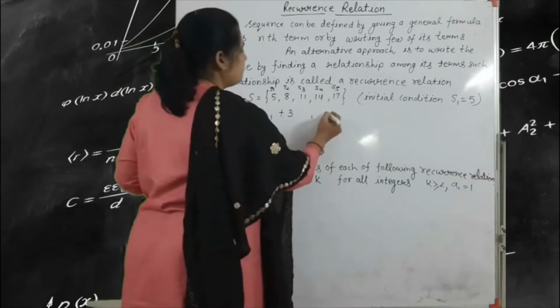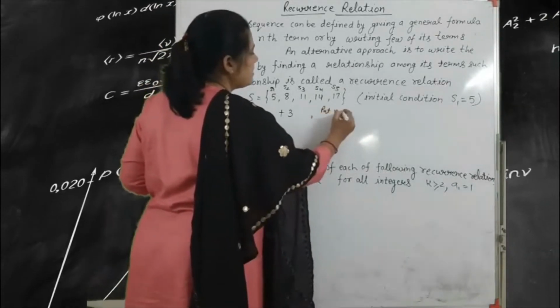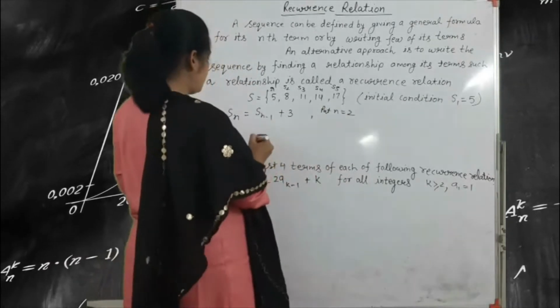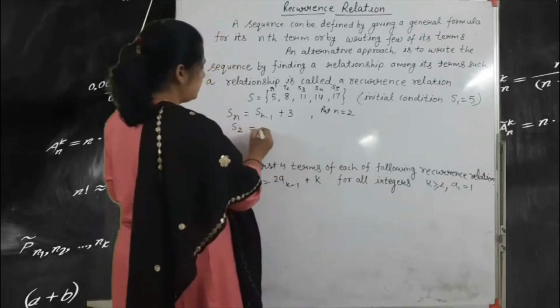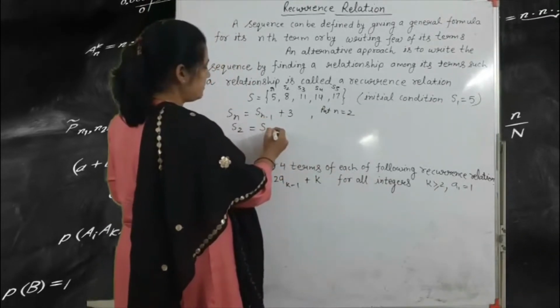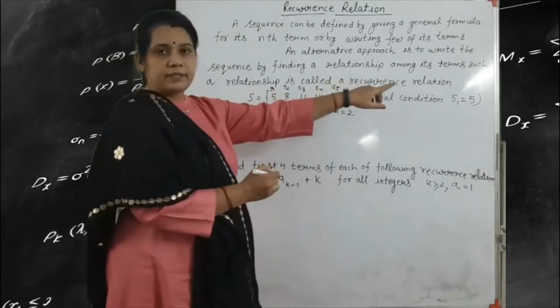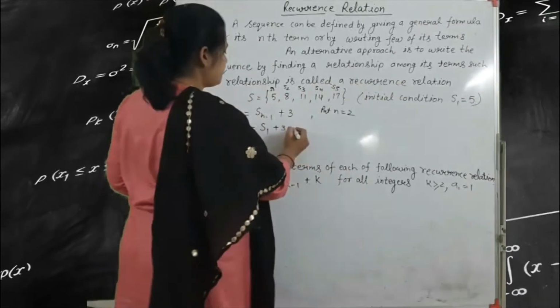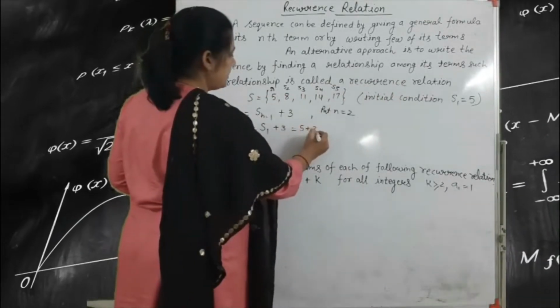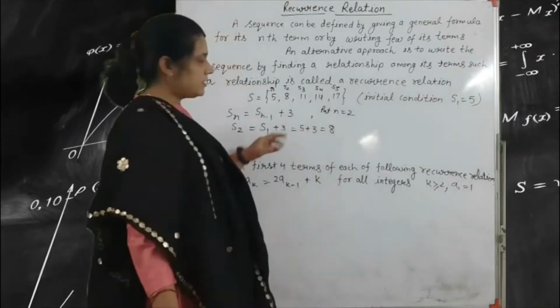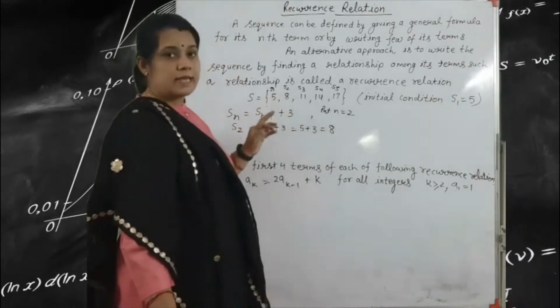So S2 is equal to S of 2 minus 1, that means S1, plus 3. And the value of S1 is given as 5, so we write 5 plus 3 is equal to 8. Got it? So we found the second element.